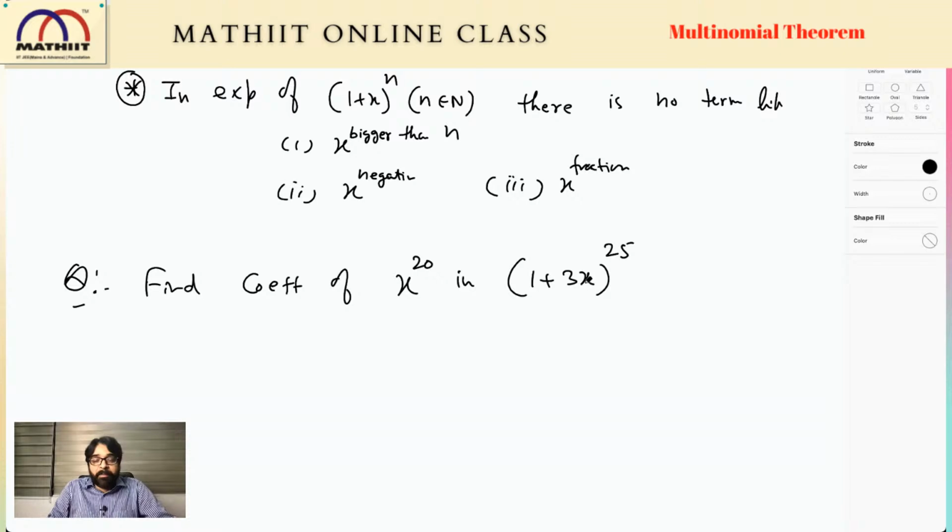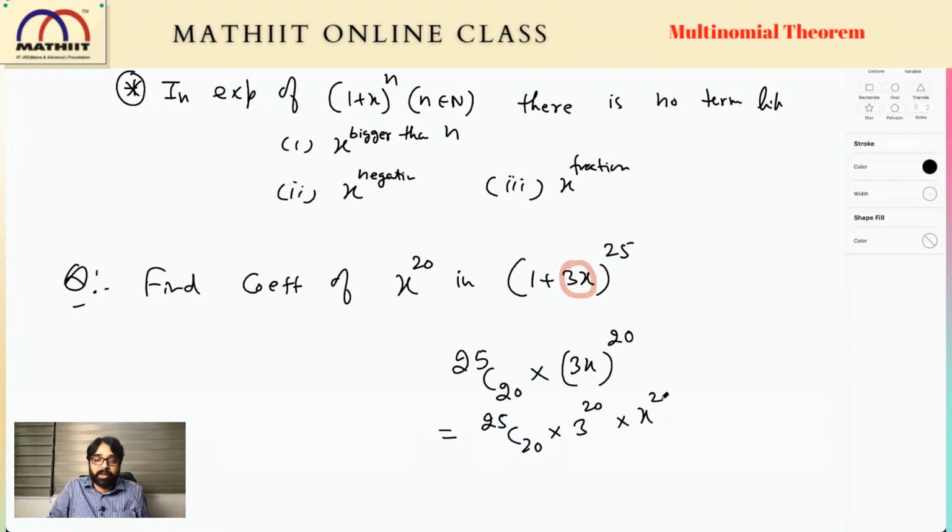Be clear about this power: you are distributing 25 objects. You have to distribute them to these two people whose names are 1 and 3x, not x, but 3x. So I want x power 20, which means I want this power 20, 3x power 20. So that term will be 25C20 into 3x power 20, which equals 25C20 into 3 power 20 into x power 20.